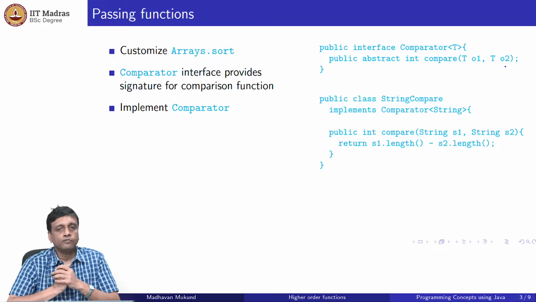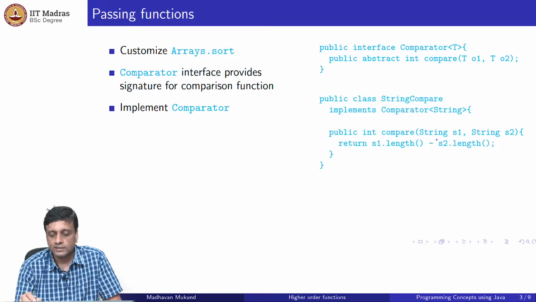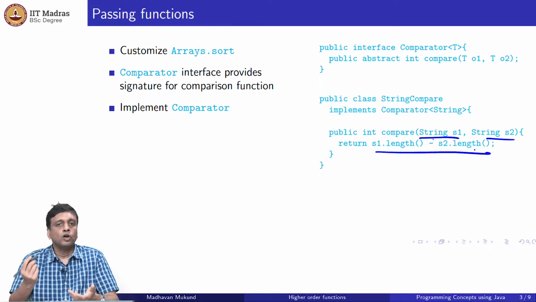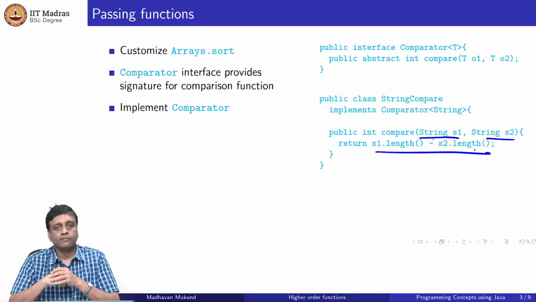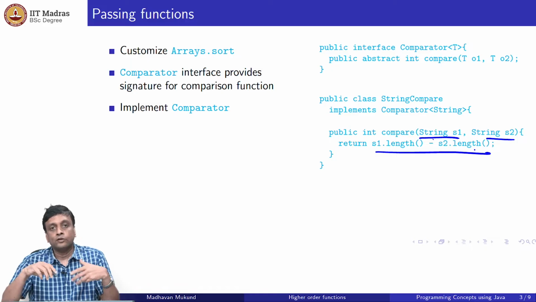Now if I want to actually use this to sort a particular array, I first have to define a class which implements this comparator. For instance, I could write a string compare class which implements this, and what it does is take two strings and, say, compare them by length. If the first string is smaller in length than the second string, you will get a negative number. If it is equal, you will get a 0. If it is bigger, you will get a positive number, which is what comparator expects. Of course, the comparator interface, like any other interface, can only tell you the signature of the function.